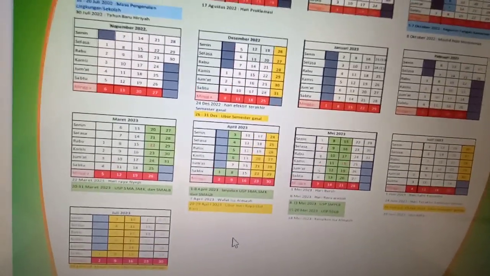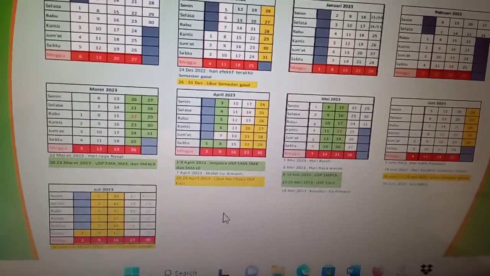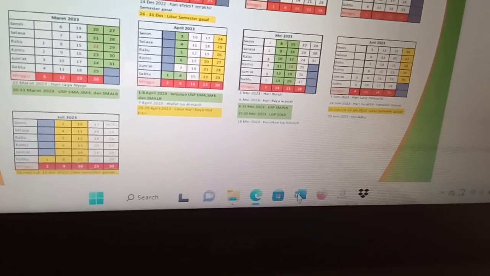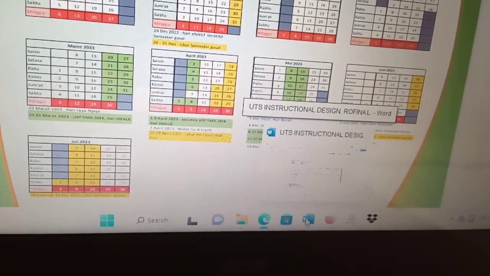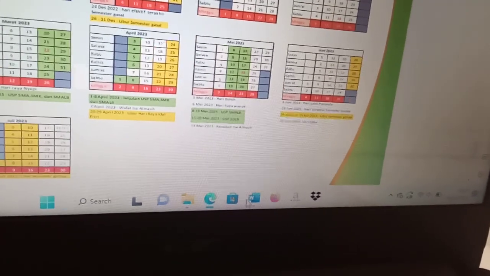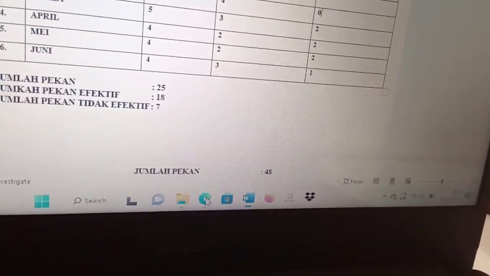Next, let us go to the month of May. In the month of May, there are 1, 2, 3, 4 weeks. There are 4 weeks, and as you can see, there are 2 effective weeks. So 4 minus 2 equal to 2. And lastly, we go to the month of June.